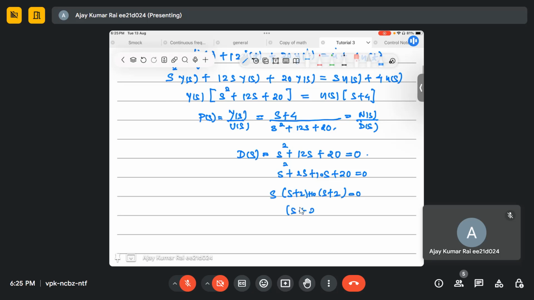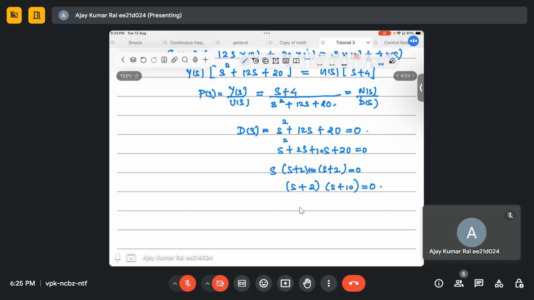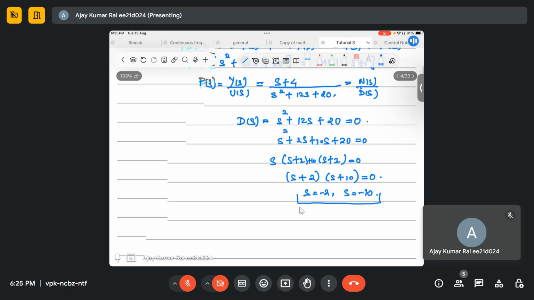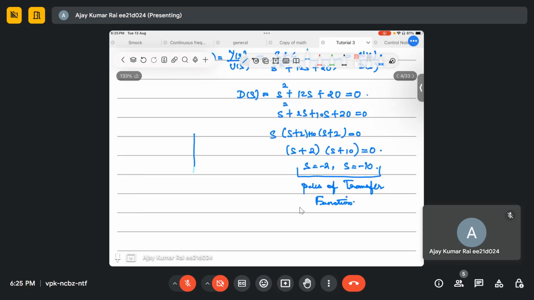So the roots of d of s are s equal to minus 2 and s equal to minus 10. These are the roots of d of s and also the poles of the transfer function. Let me plot this in the complex plane.